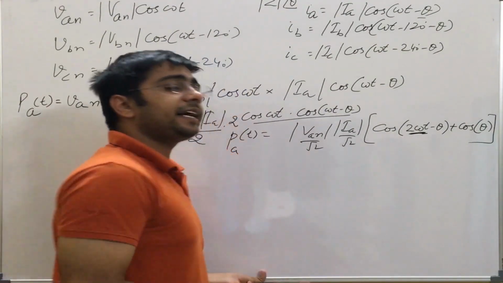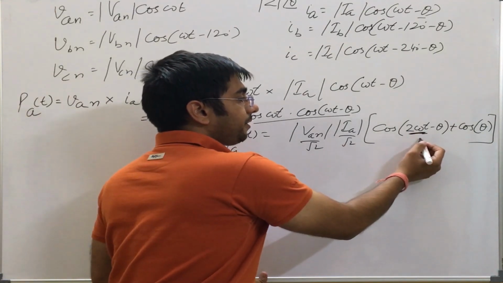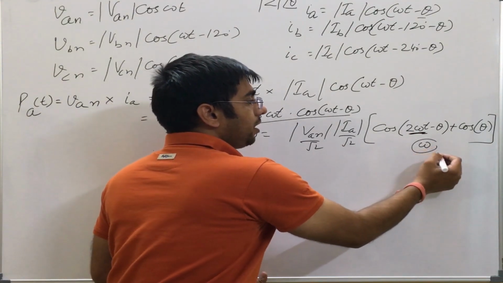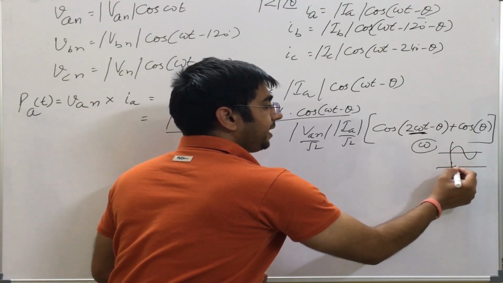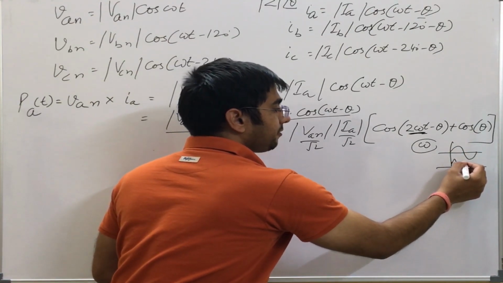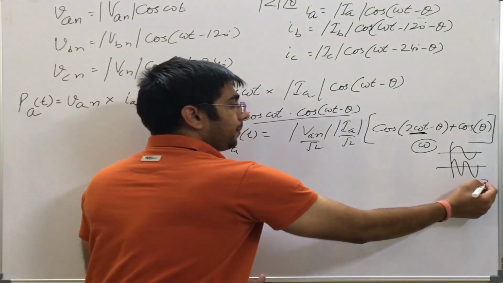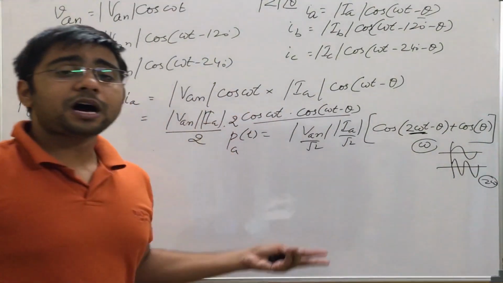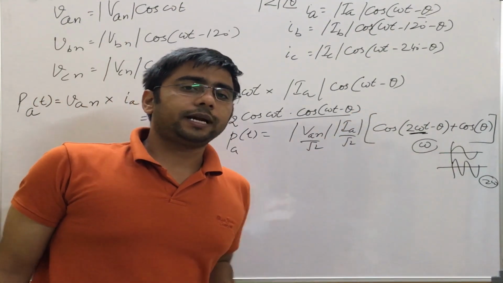It will be changing at twice the frequency of the source. That is, if the frequency of the source is omega, then the power will pulsate at twice the frequency, at 2 omega. That is, the power will be time dependent. It will not be a constant.